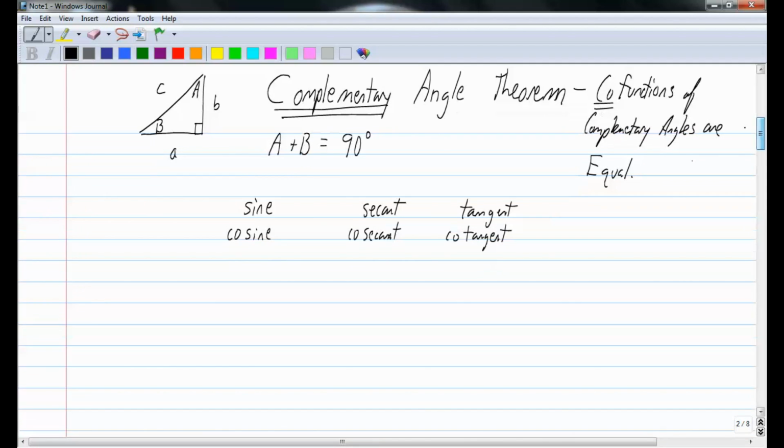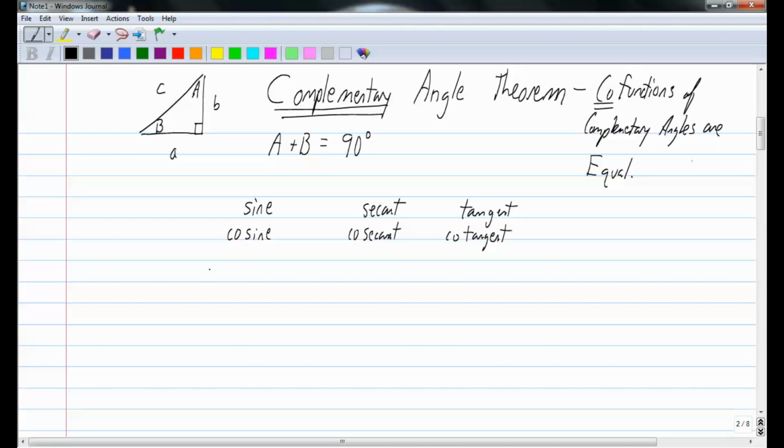So what does that mean? That means that if we add two angle measures together for those two functions and we get 90 degrees, then the value you get out for each of those cofunctions is equal.